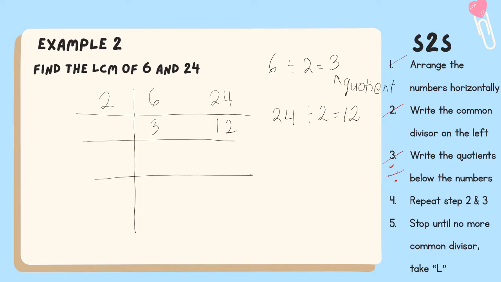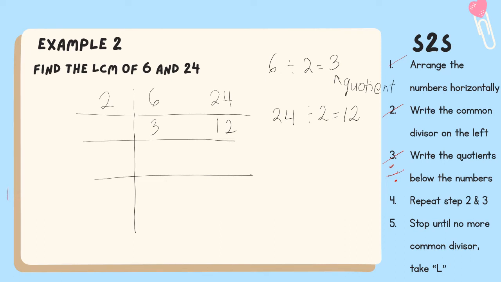You don't necessarily need to repeat step 2 and 3 all the time. You need to make sure that the quotients, these two numbers 3 and 12, have a common divisor. So this is an odd number and this is an even number. Ask yourself, is 12 in the times table of 3? If you're not sure, you can always list down your times table.